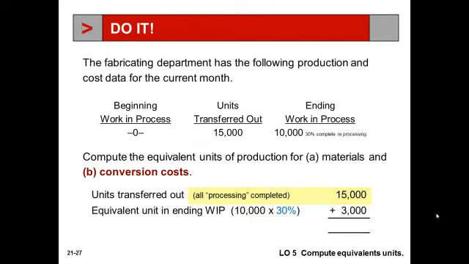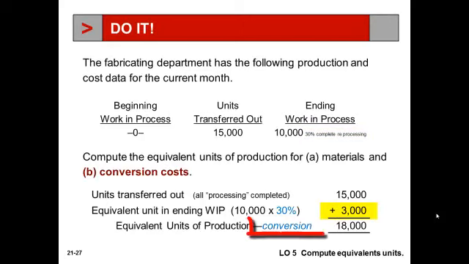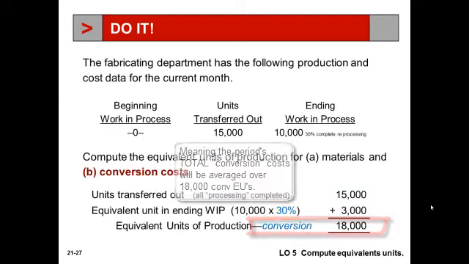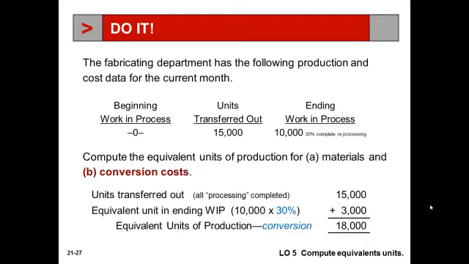Any work in process, the 10,000 units observed times 30% complete as concerns processing. That's why they're in work in process. They're not fully converted. 3,000 units added to 15,000 units, total calculation of 18,000 units of equivalent units of production as concerns the conversion cost element. These are calculations you need to learn in this chapter.